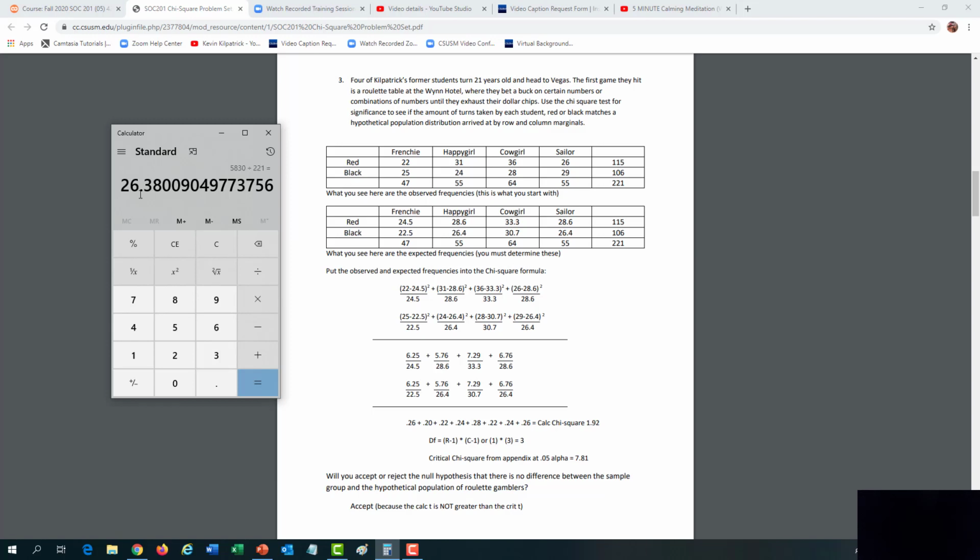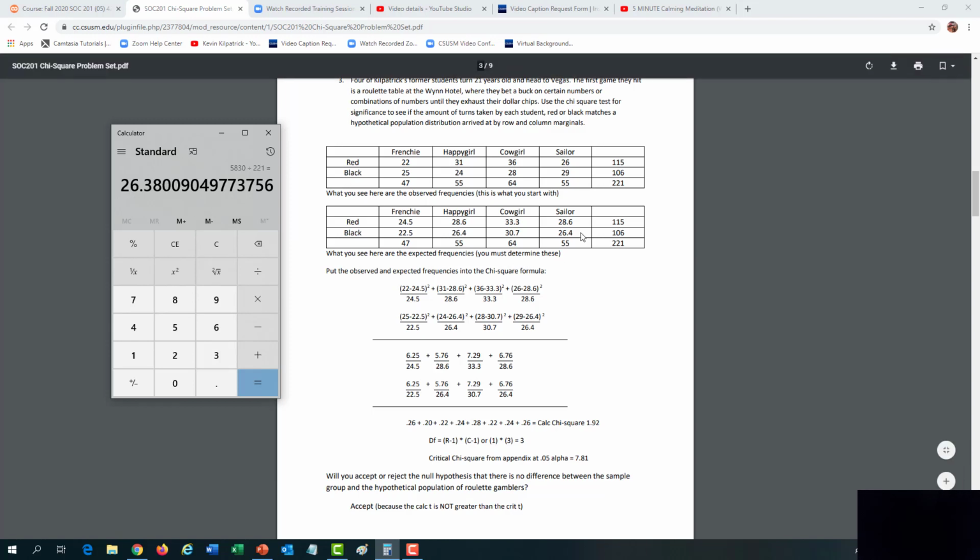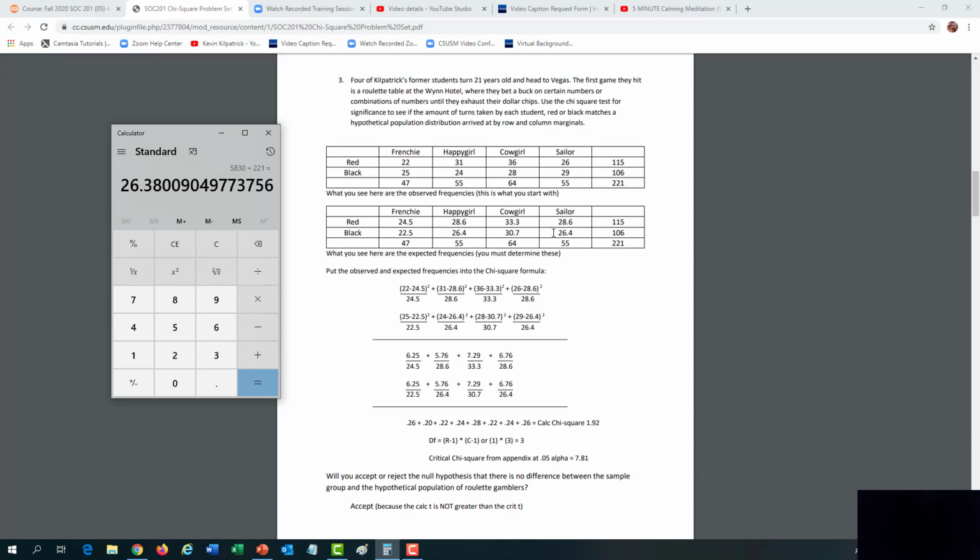And I get 26.38, which I'm going to round up to 26.4. Now remember, I'm in the second row of values, so I have to use the second or the bottom row total when I do my calculations. All right? That's how I come up with all of these 8 expected frequencies.